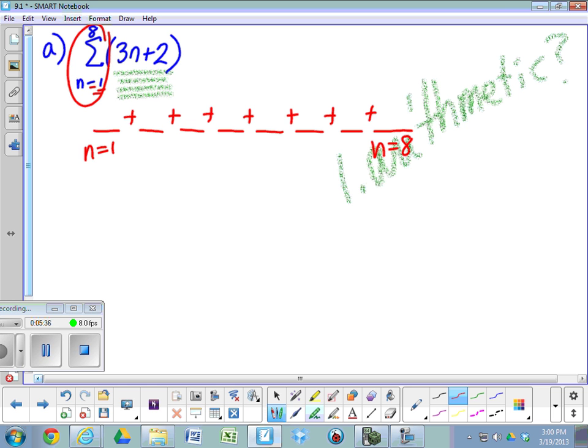How do we find their house numbers? Plug them all into the formula. Plug in 1. The first house number is 5. How do you find the last one on the street? Plug in 8. 26. Is that all I need to get the sum?